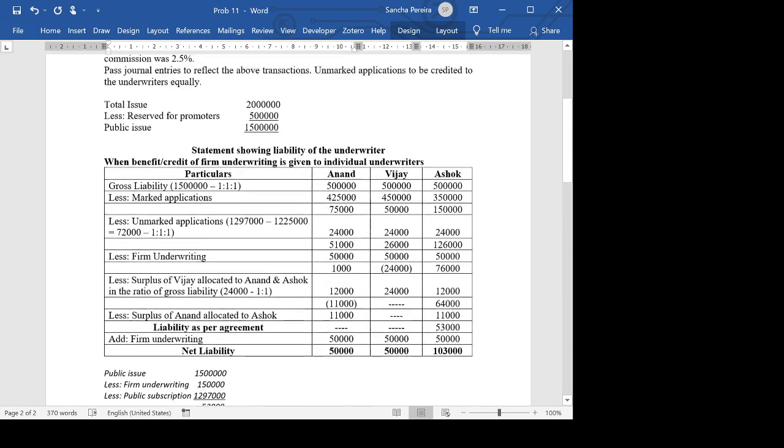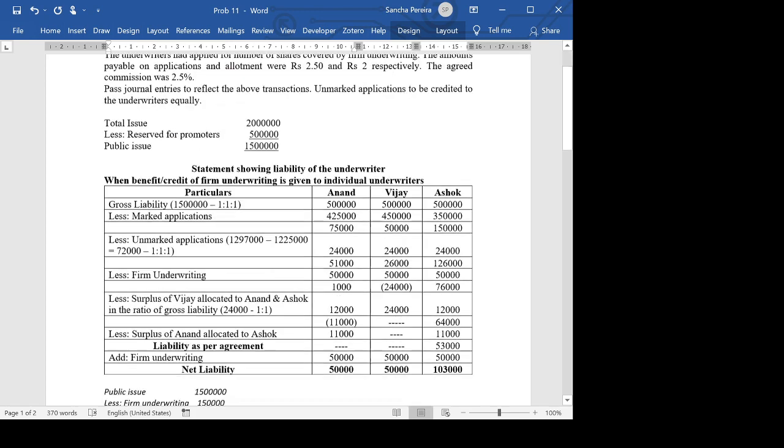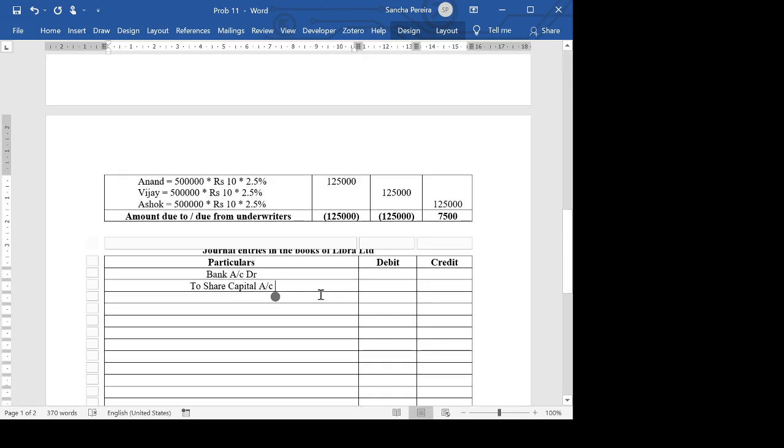Okay, and how much are they paying on application? Basically, they are paying 2.50. So I will show it as 2.50 here. 5 lakh shares into rupees 2.50, and if I multiply 5 lakhs into 2.50, I will get 12 lakhs 50,000.